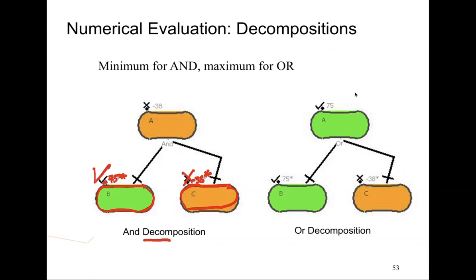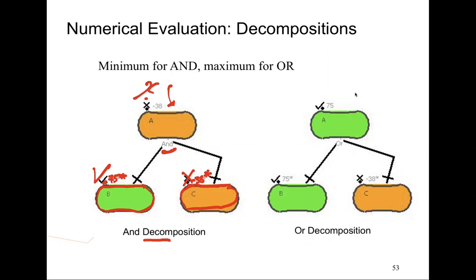So this is weakly satisfied, and this is weakly denied. If we combine them into an AND decomposition, we take the minimum. The minimum of the two would be negative 38, and that means it is weakly denied. So the satisfaction level of this soft goal will be X underneath it.